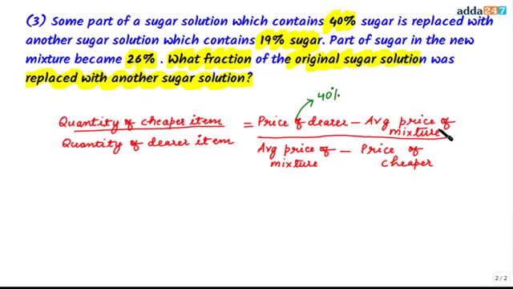And average price of mixture will be strength of the mixture when two types of sugar solution are mixed. So that will be 26%, minus price of the cheaper item. So the cheaper item will be the solution in which percentage of sugar is less. So that will be 19%.